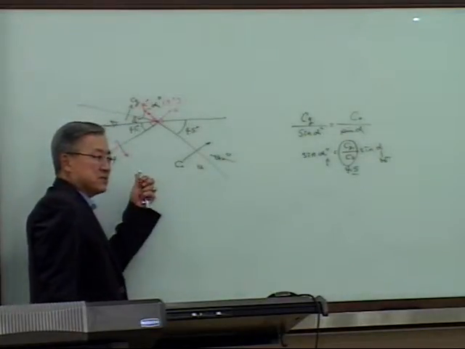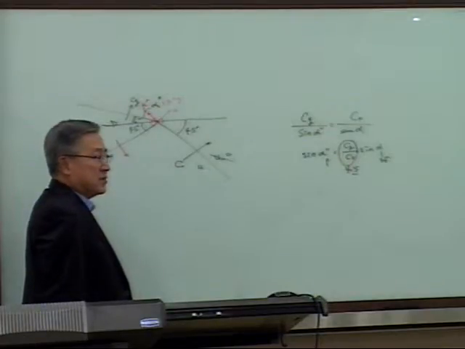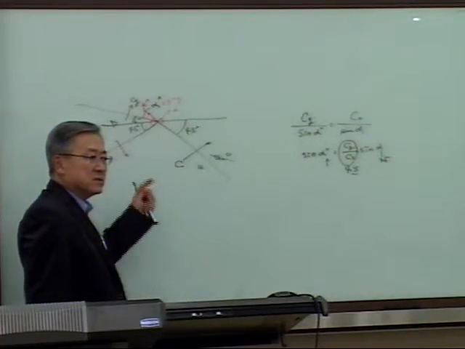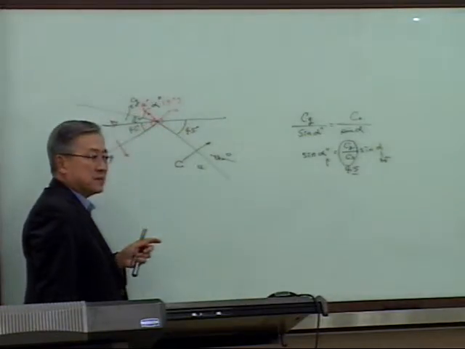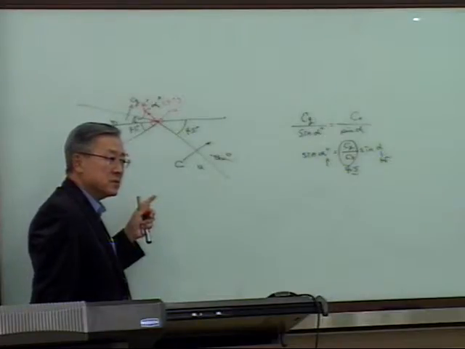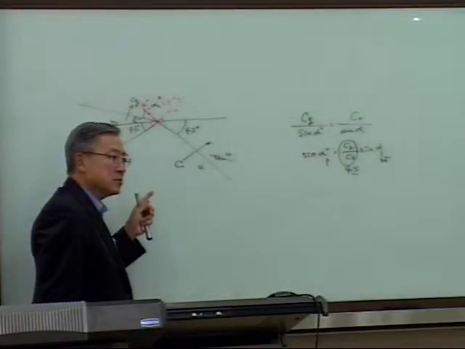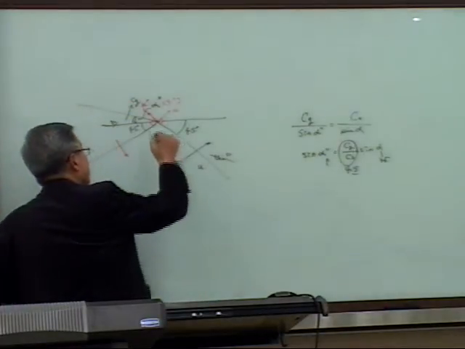It's crowded, but it's very clear, right? And the resultant of U and U prime is going to be equal to what? UG. I'm giving you ahead of time.